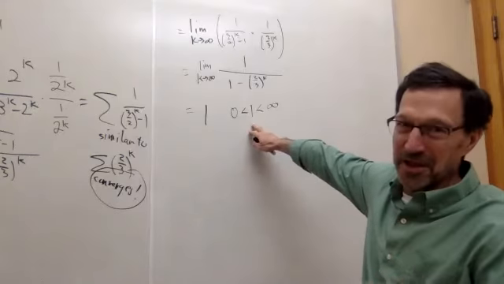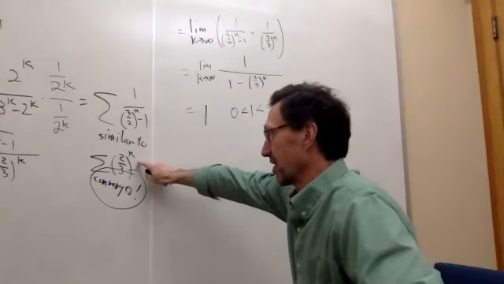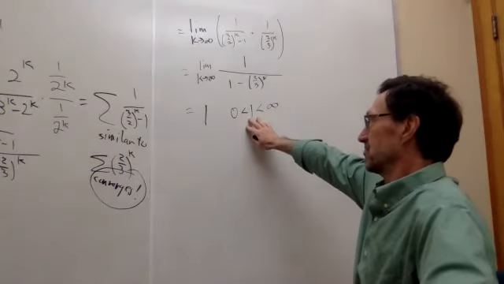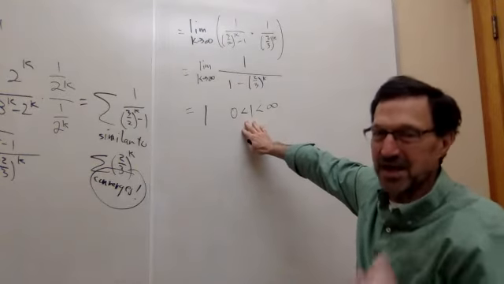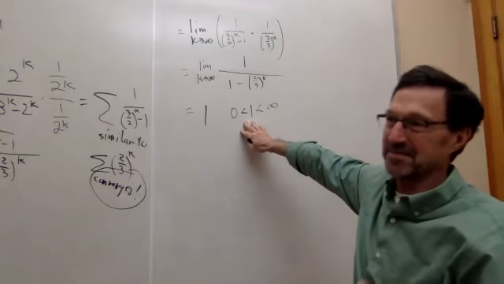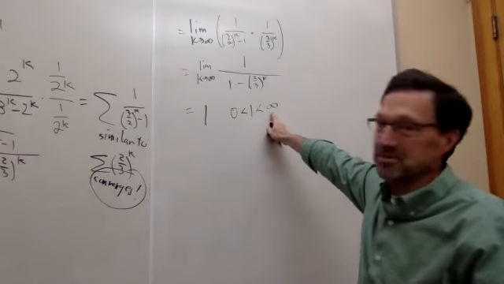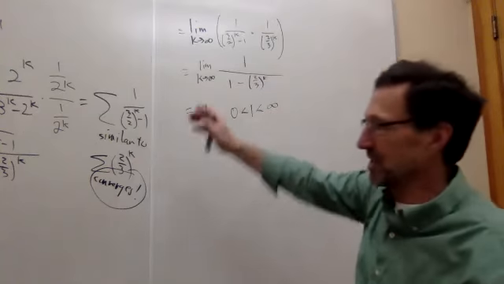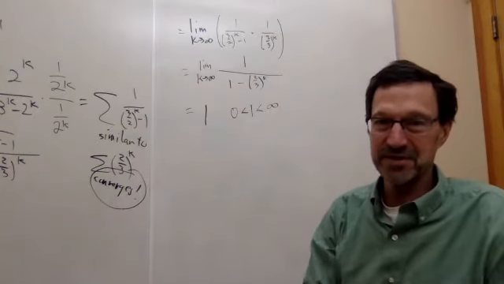This is the one we really hope for: if we make the best choice possible for our comparison series, then most of the time we're going to get a positive finite value. That's the way we hope it works. But sometimes we get 0 and sometimes we get infinity. It may be because we didn't make the best choice, or it may just be the nature of the series.